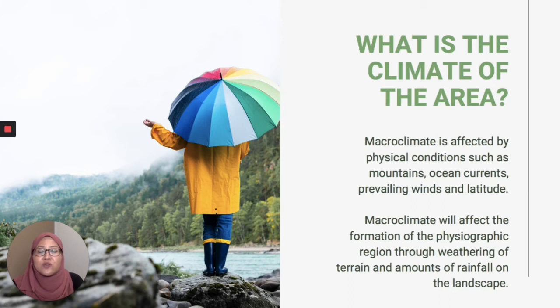If we look into photos or documentaries of areas near the Everest, when people go hiking, you can see that the rock formations are different than those rock formations that can be found in Malaysia. So this is affected by the macroclimate because of the weathering from the rain, and because of the climatic factors of the area, it affects the formation of the physical character of the site.